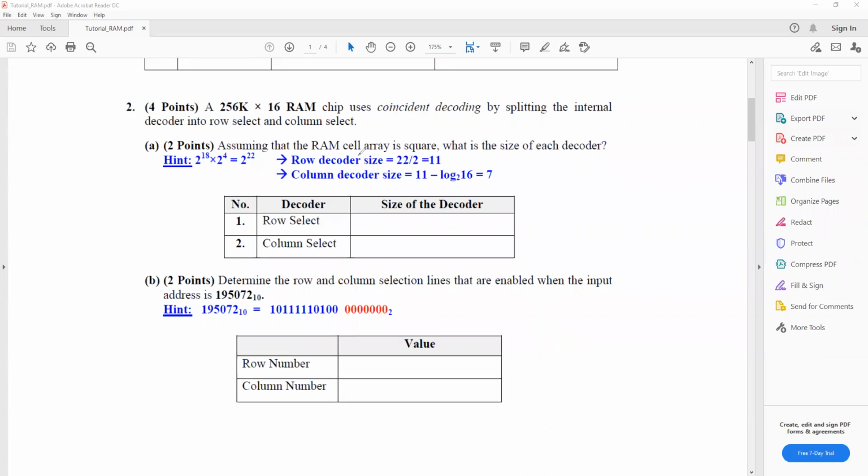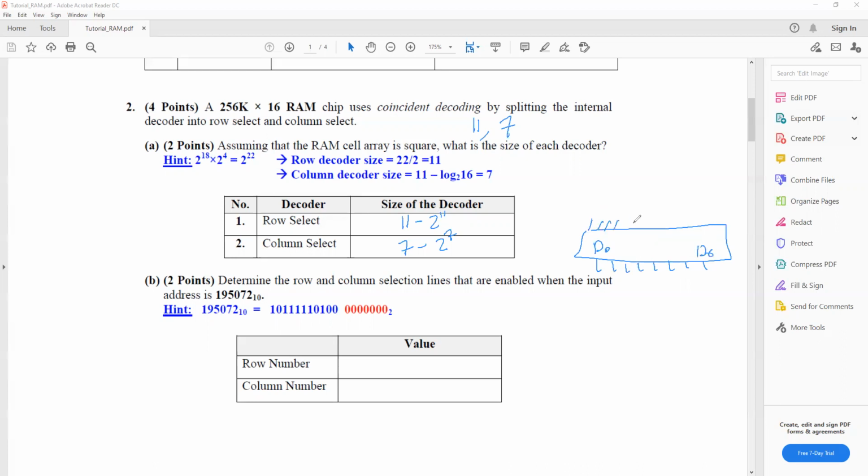Sorry. So again, we split memory into 11 bits for the row and 7 bits for the column. So the size of the decoder is 11 to 2 to the 11, and this one is going to be 7 to 2 to the 7. So this decoder takes 7 bits from D0 to D6.